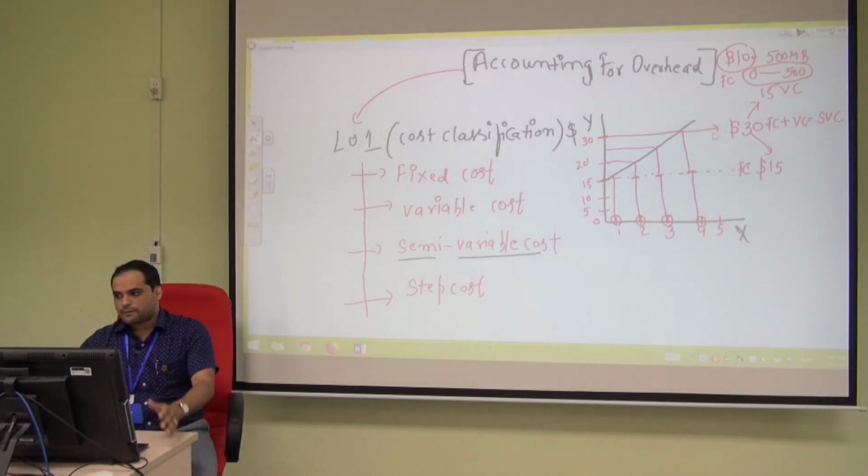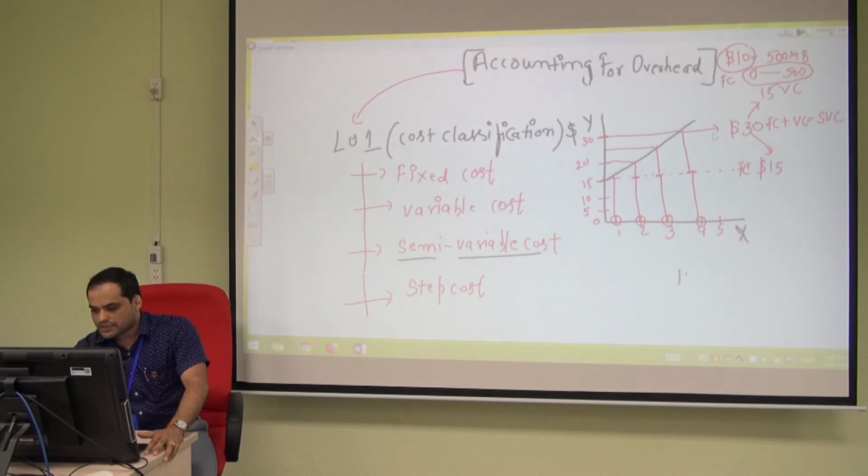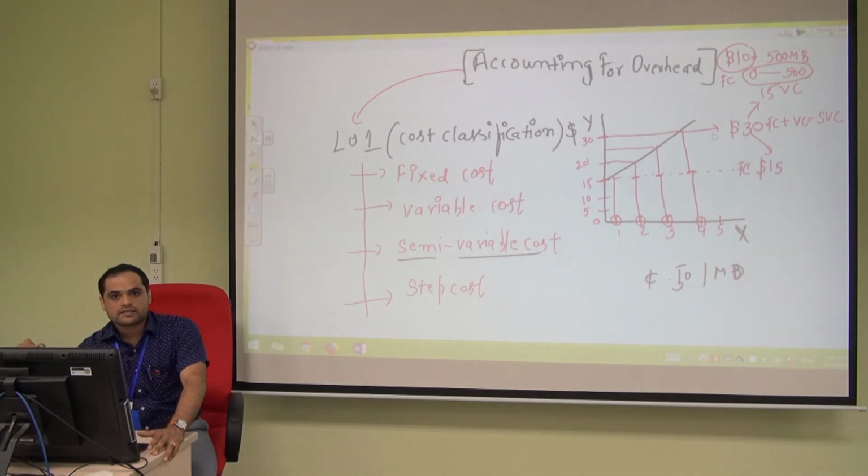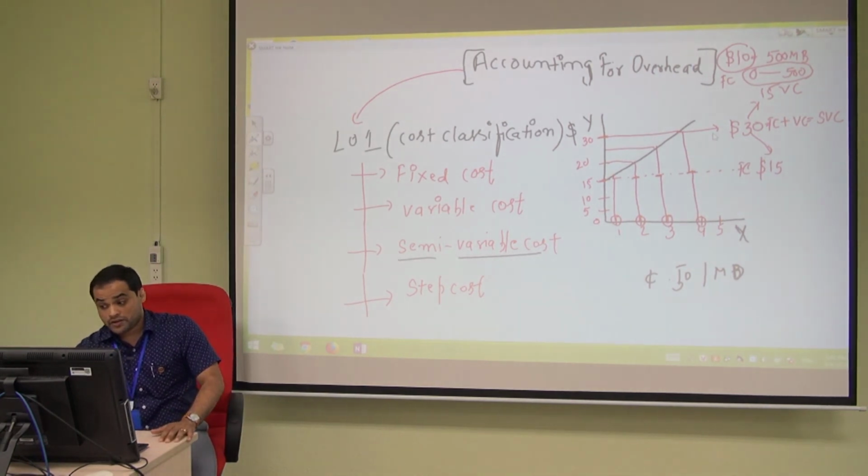Let's say the mobile company charges, I don't know, 50 cents per megabyte. So if you use, let's say, 100 megabytes more, that means almost $5.